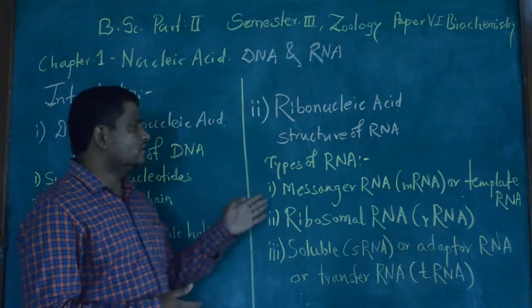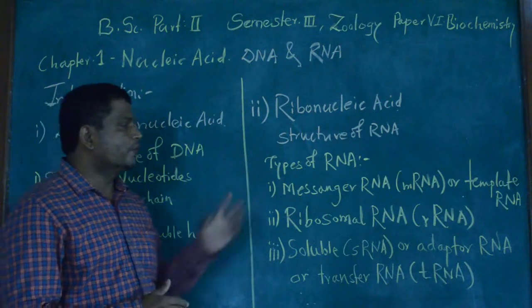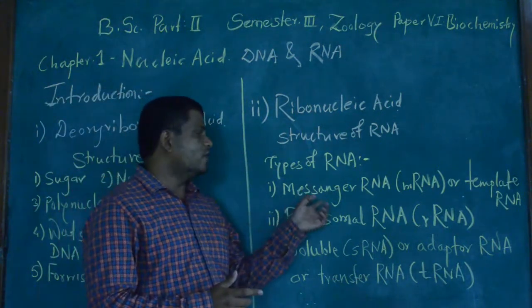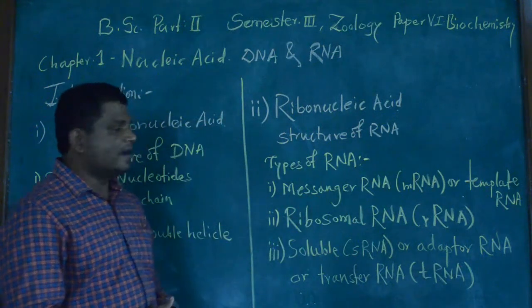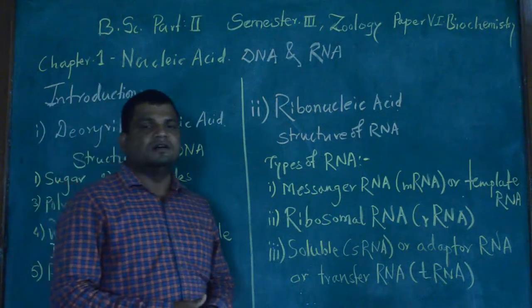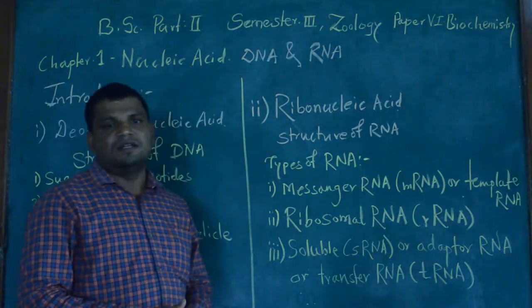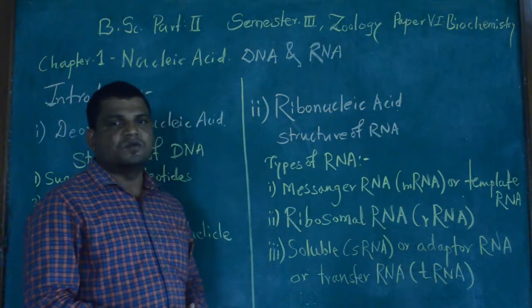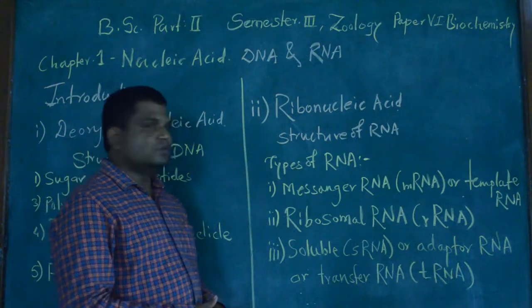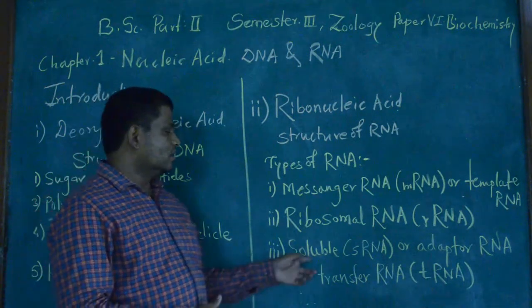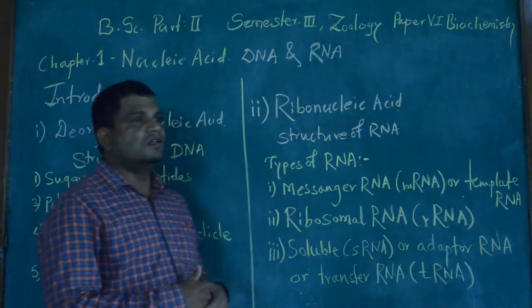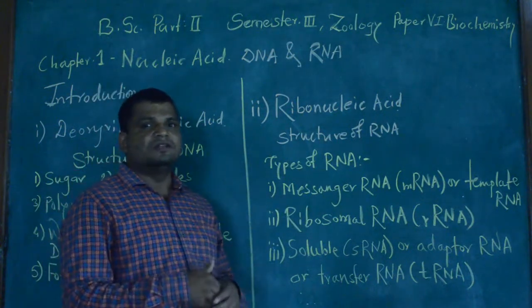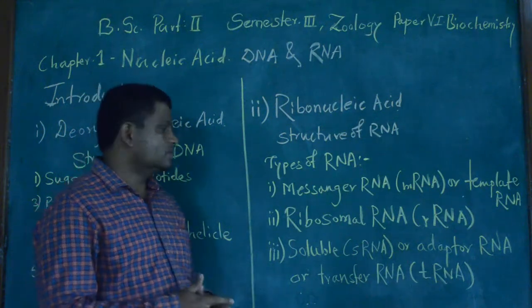The message of protein synthesis is carried by the mRNA, also called template RNA. It provides the place to bind the ribosomal smaller and larger subunits, and it also provides the space to recognize the codon sequence for the tRNA. This messenger RNA carries the code in the form of codons.